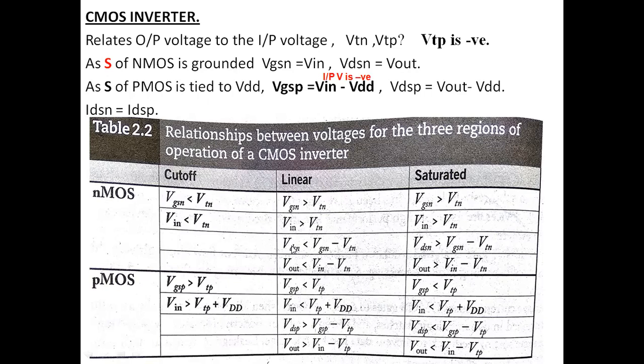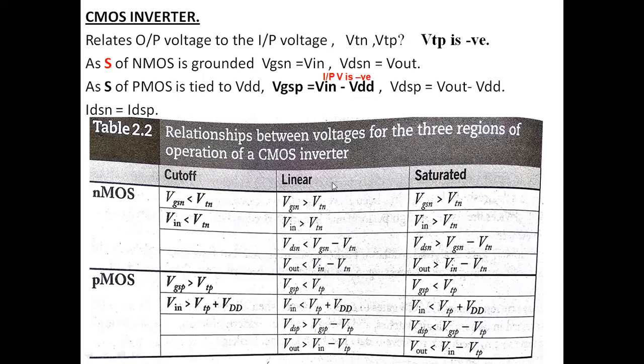Again, we have one more condition: VDSN, the output voltage of the NMOS device, must be less than the effective voltage. VDSN is Vout for the NMOS device, so this Vout should be less than Vin minus VTN. If my NMOS satisfies all these conditions with respect to VGSN and VTN, and Vout is less than Vin minus VTN, then my NMOS will be in the linear region.